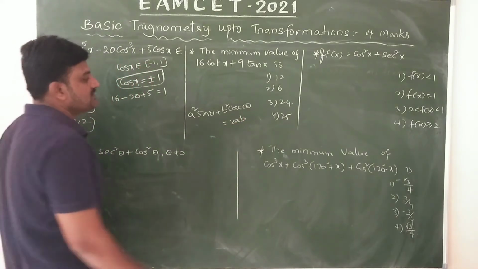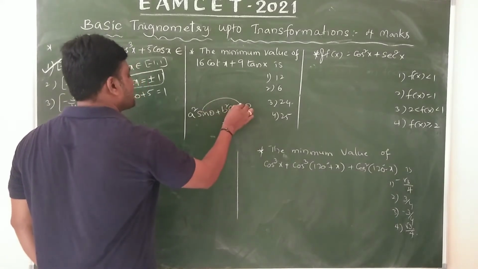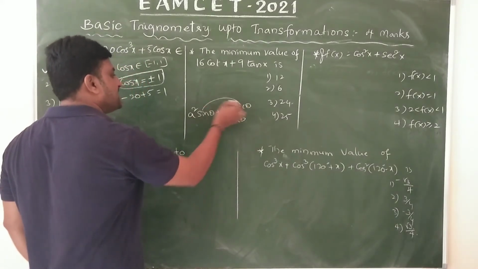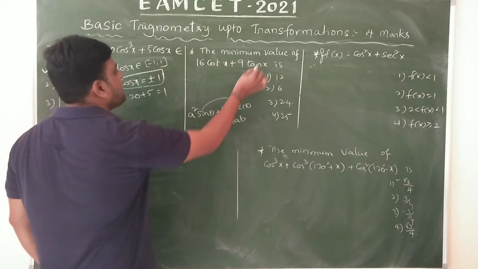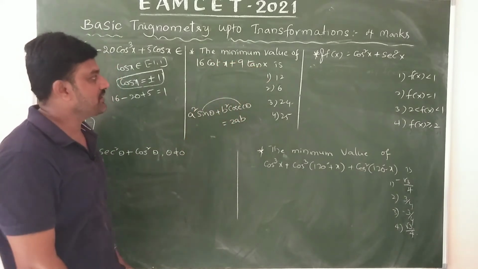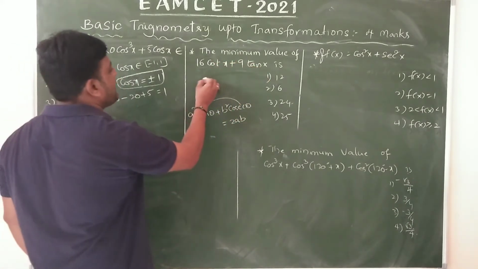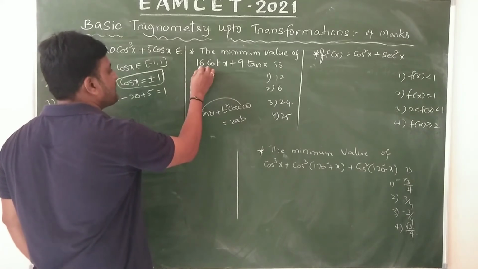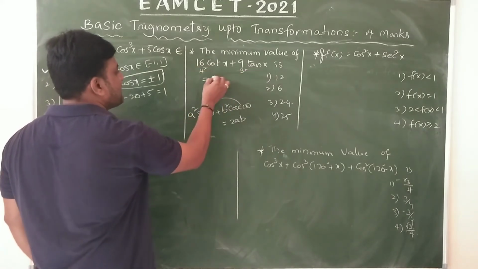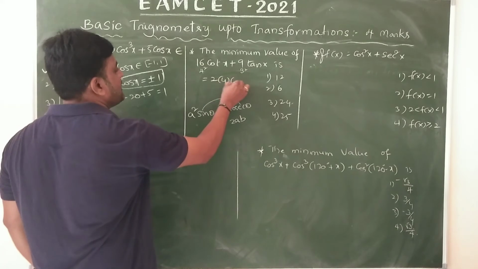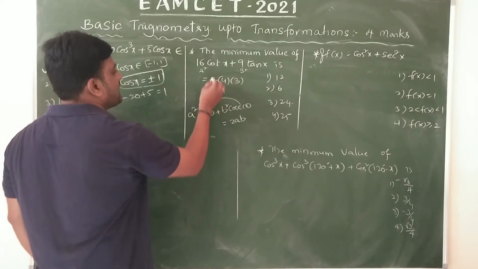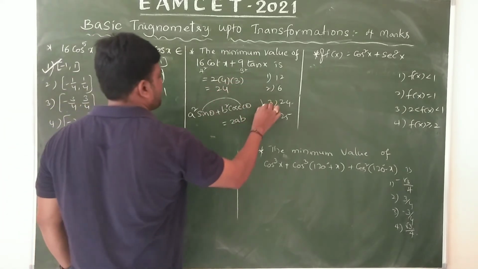Okay, 2ab. For reciprocals, sin theta and cosec theta, or sec theta and cos theta, and tan theta and cot theta, like this. Now here 2ab, a is 4 square, b is 3 square. Then that equals 2 into 4 into 3. Now it's just 24. The third option.